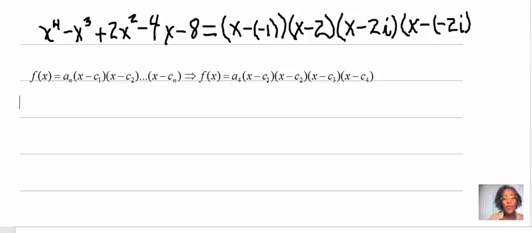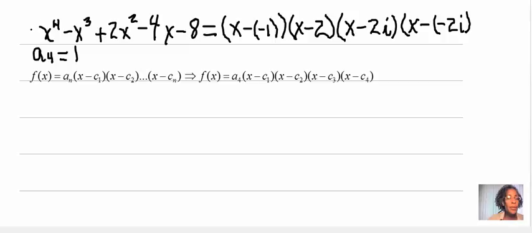Since our polynomial is 4th degree, n is 4. And notice that a sub 4, the leading term of our polynomial, is an unwritten 1, since our leading coefficient is 1. Remember, there's actually a 1 here that's unwritten. That's actually our a sub 4.